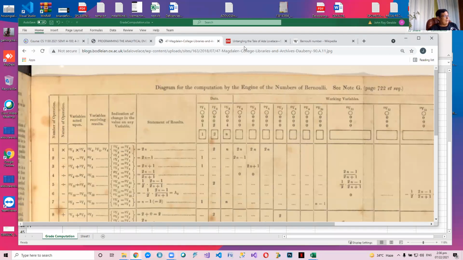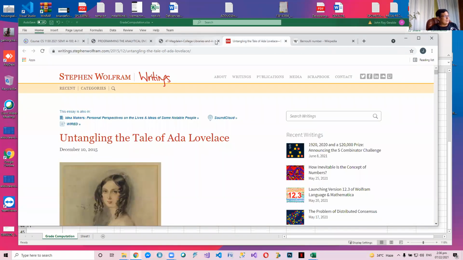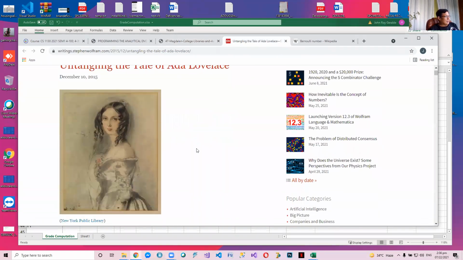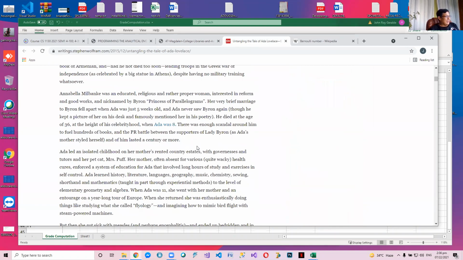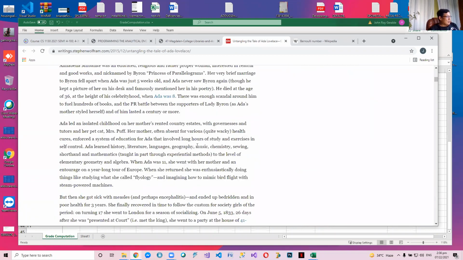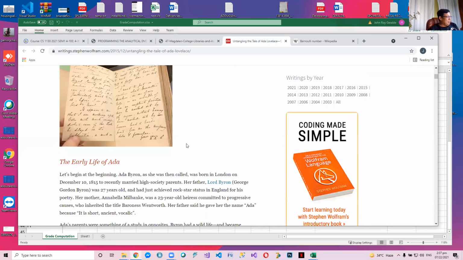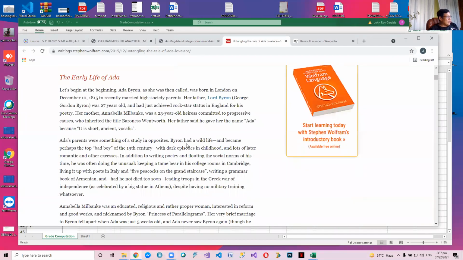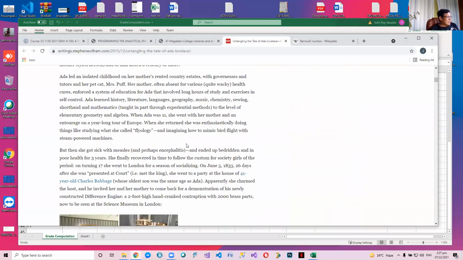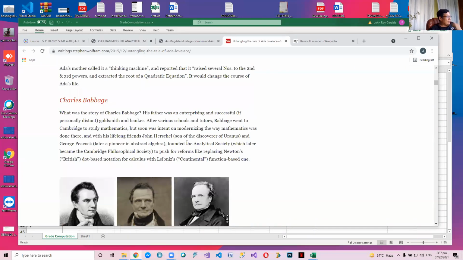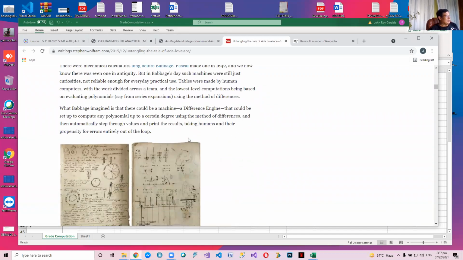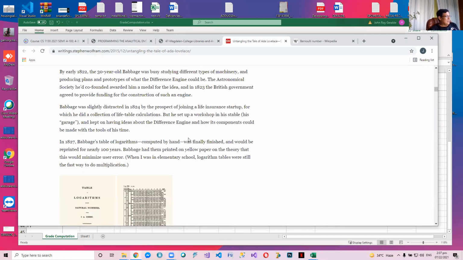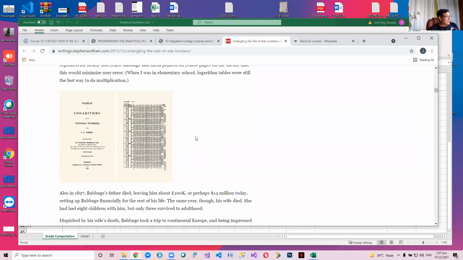In fact, okay, this is their tale, no? Ada Lovelace discovered the work of Charles Babbage, no? She read the book, no?